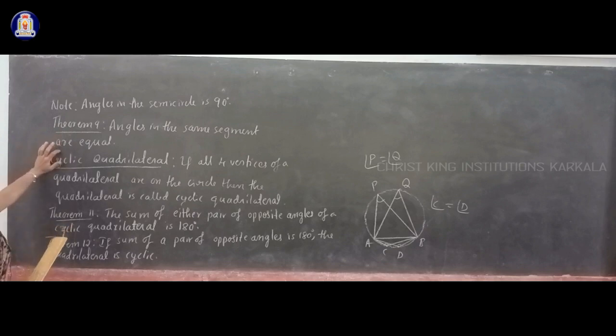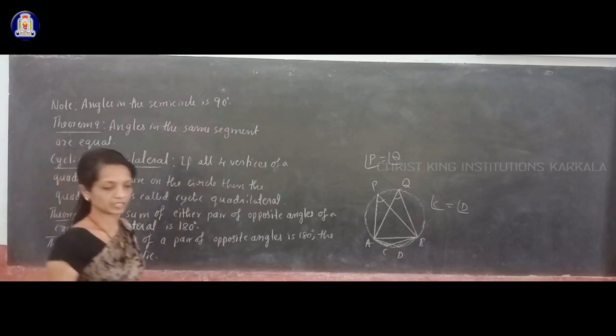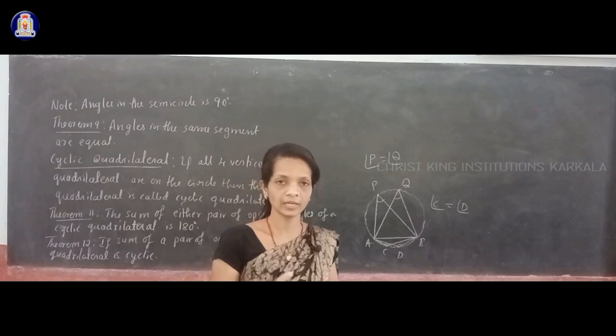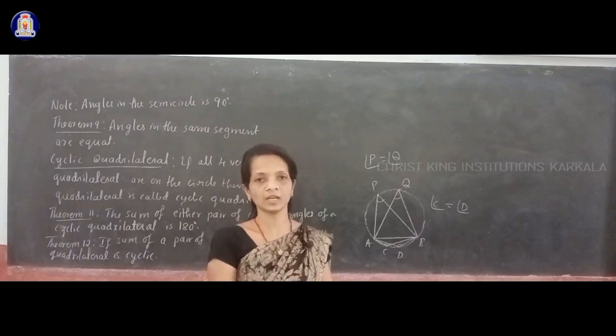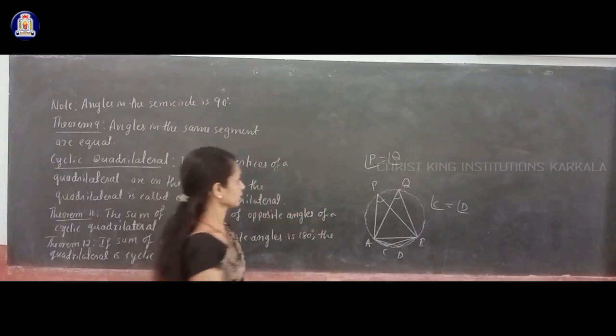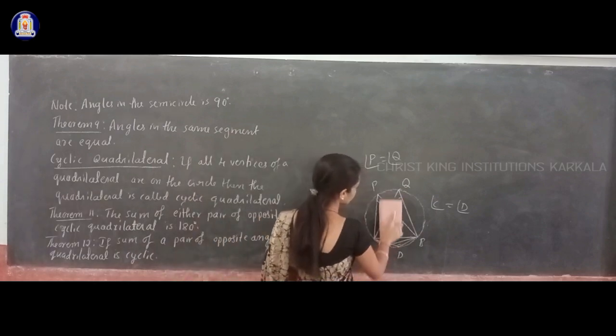Then cyclic quadrilateral. A cyclic quadrilateral is a quadrilateral whose all 4 vertices are on the circle.